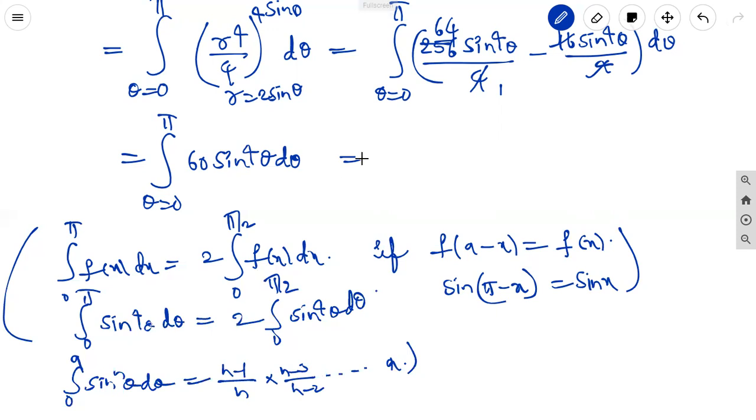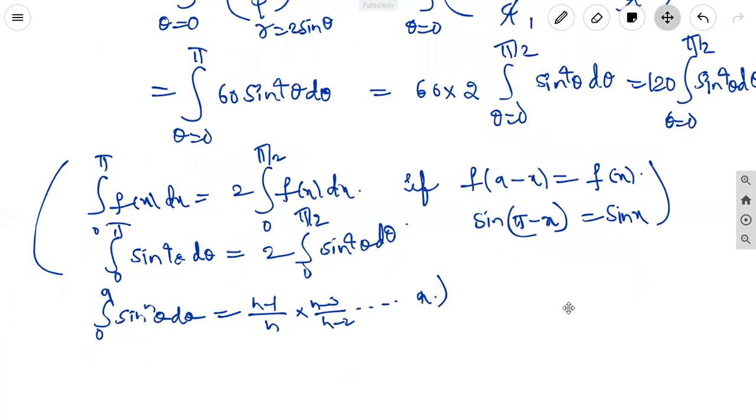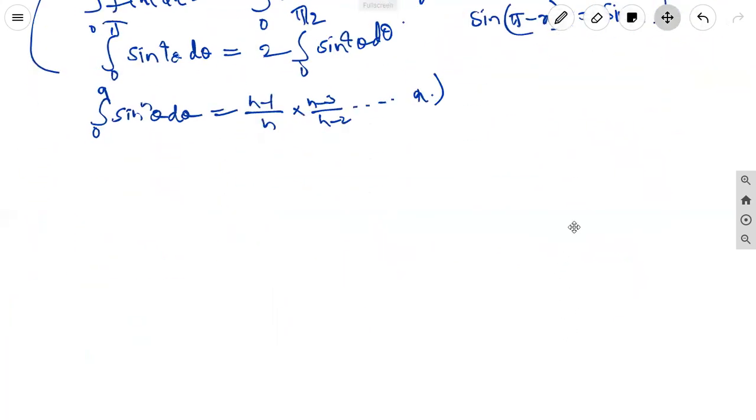By using these formulas, theta limits from 0 to pi means 60 into 2 times the integral from 0 to pi by 2 of sin power 4 theta d theta, which is 120 times the integral from 0 to pi by 2 of sin power 4 theta d theta. In this, only the sine function is there, so we can directly use the formula.